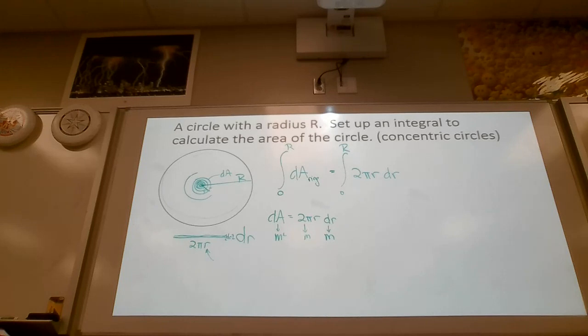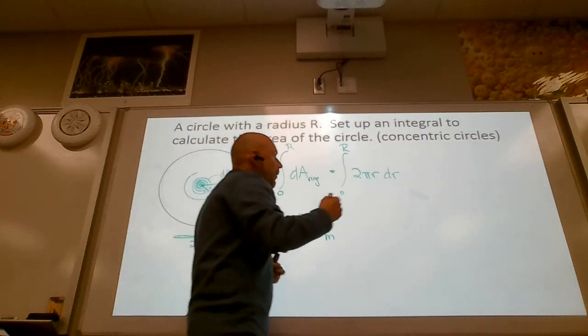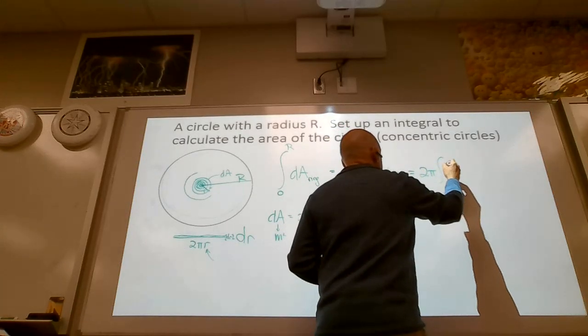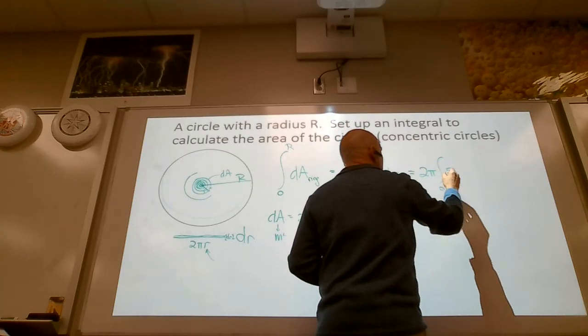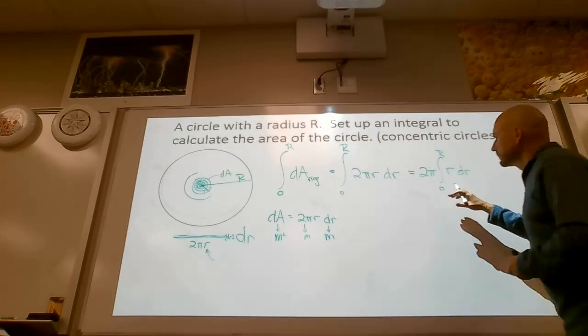That makes sense? So I'm adding up the area of each of these rings all the way up. I'm going to pull out anything that's constant. Okay.